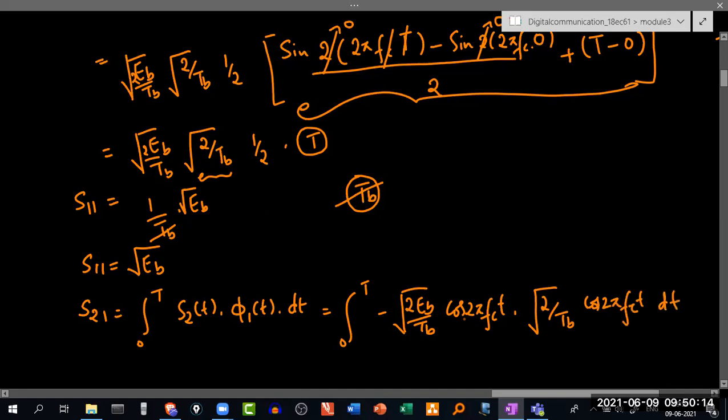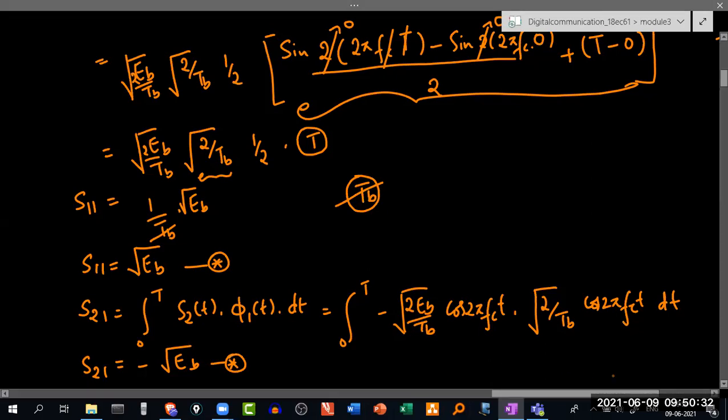If you do this integration, finally you will land on S21 equal to minus square root of EB. So in this way, we can make use of Gram-Schmidt's procedure to extract these two coefficient values.